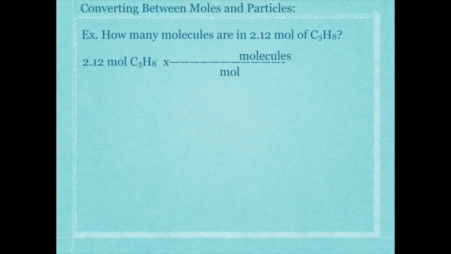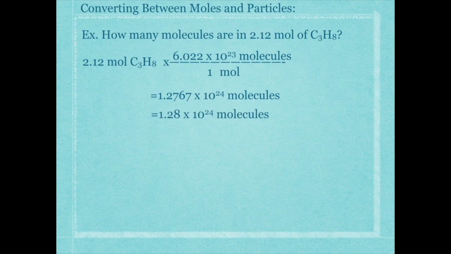Nothing new here. The only new thing is that there are 6.022 times 10 to the 23rd molecules in 1 mole. And so I'm going to multiply. I get 1.2767 times 10 to the 24th molecules. Now I need to round to the correct number of significant figures. 2.12 has 3 significant figures, so I'm going to round this to 1.28 times 10 to the 24th molecules, and that's it.